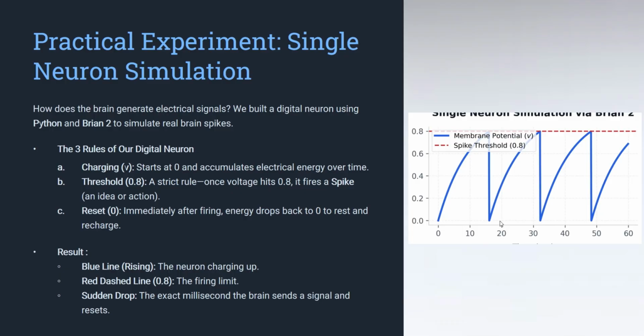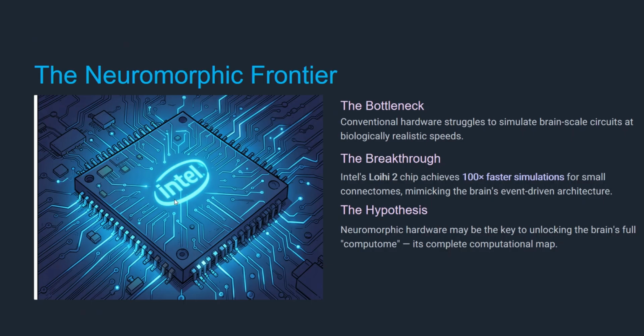Additionally, the number 16 at the bottom represents 60 milliseconds. This is the neuron graphic.